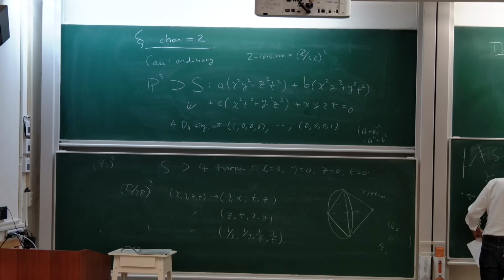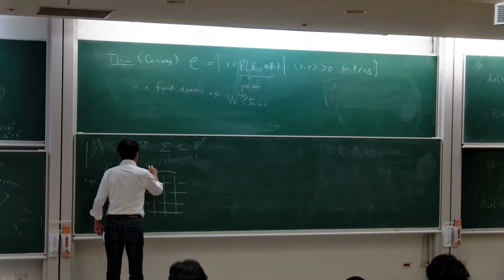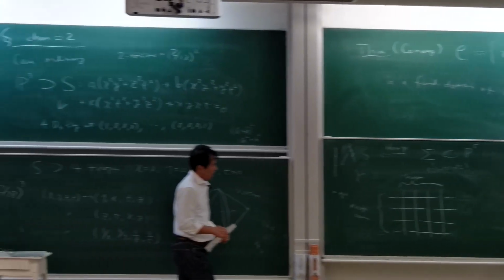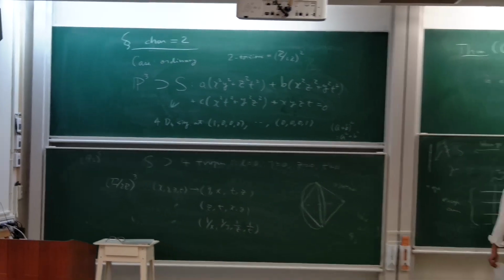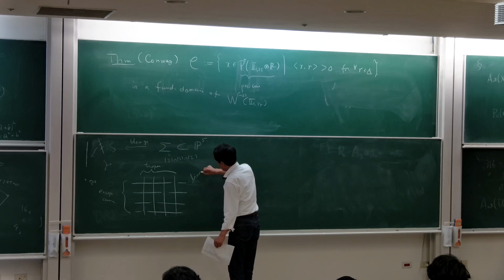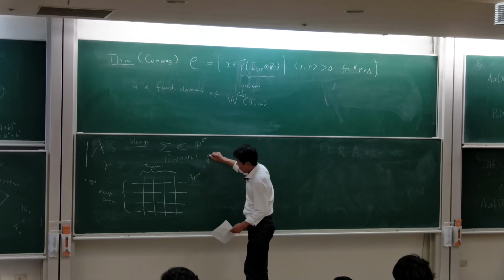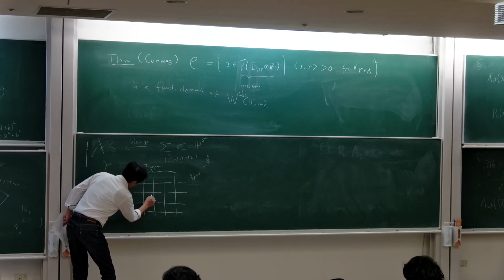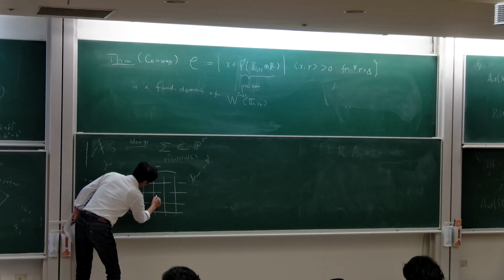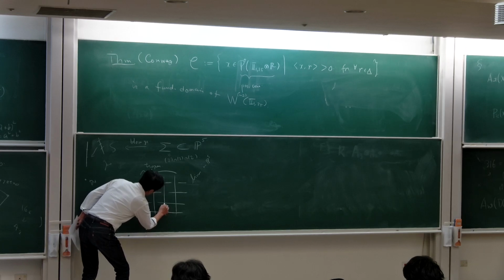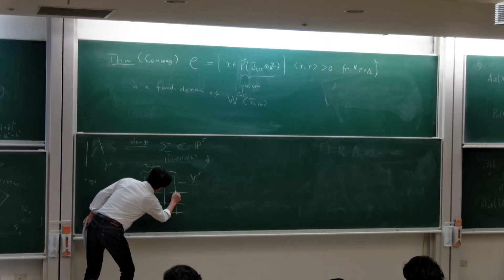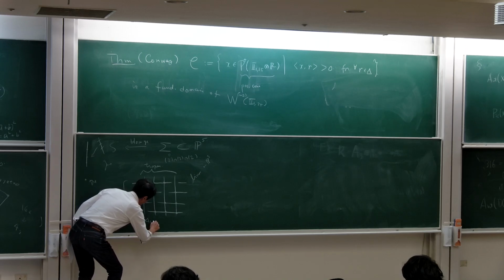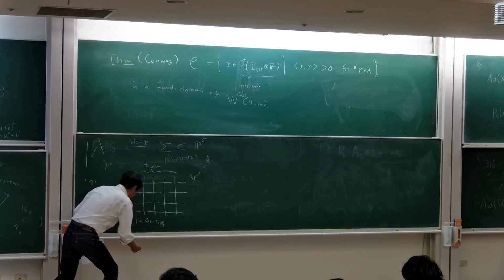And this part is the proper transform of the tropes. We have 4 tropes, and all of these are lines in P5. But still, on each line we have 3 A1 singularities. So totally 12 A1 singularities, 12 nodes.